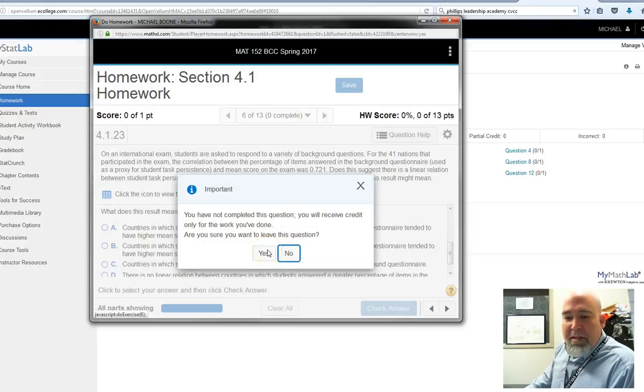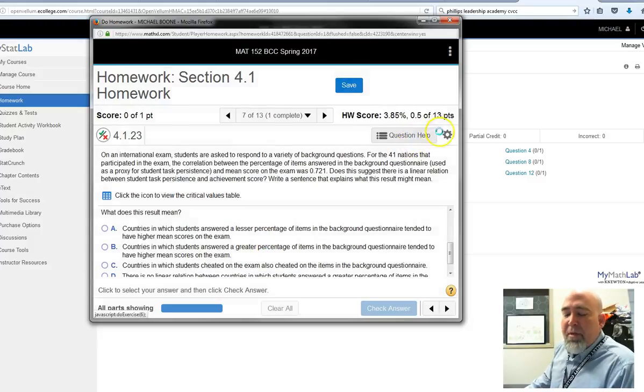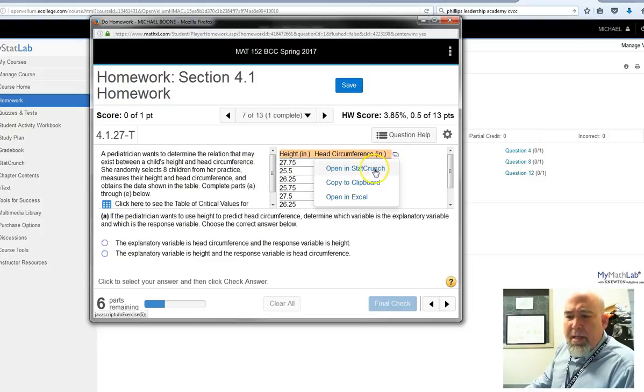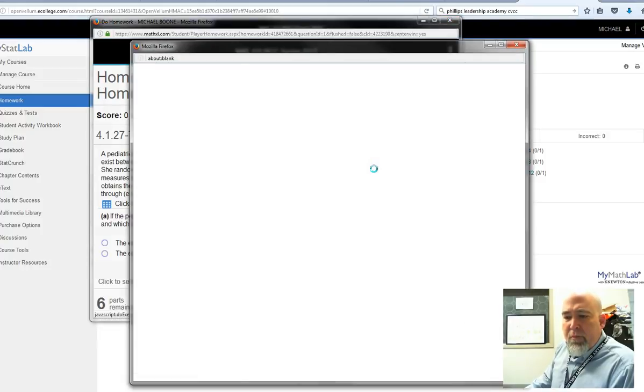The next one I want to look at is number 7, and this is actually calculating an R value. We can do a scatter plot, and there are several different ways to do it, but I'm going to show you a way that I would suggest. If we take our data, height and head circumference, we open it up in StatCrunch. I'm going to make a scatter plot that'll give us an idea of what the data looks like, and then we'll calculate our R value.